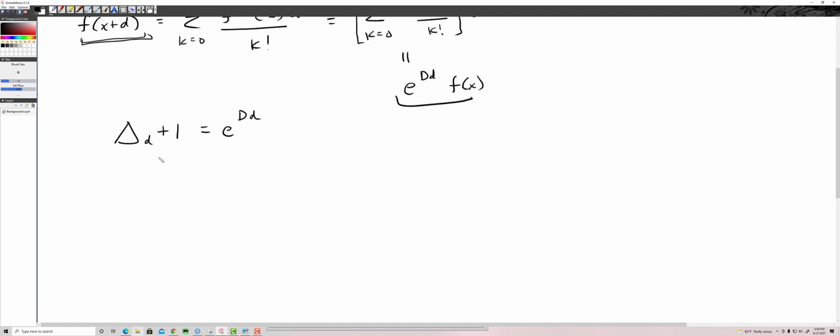Suppose, let's say that I wanted the derivative here. Well, if I was solving for the capital D here, I would just take the logarithm of both sides. And then I'd divide off by the small d.